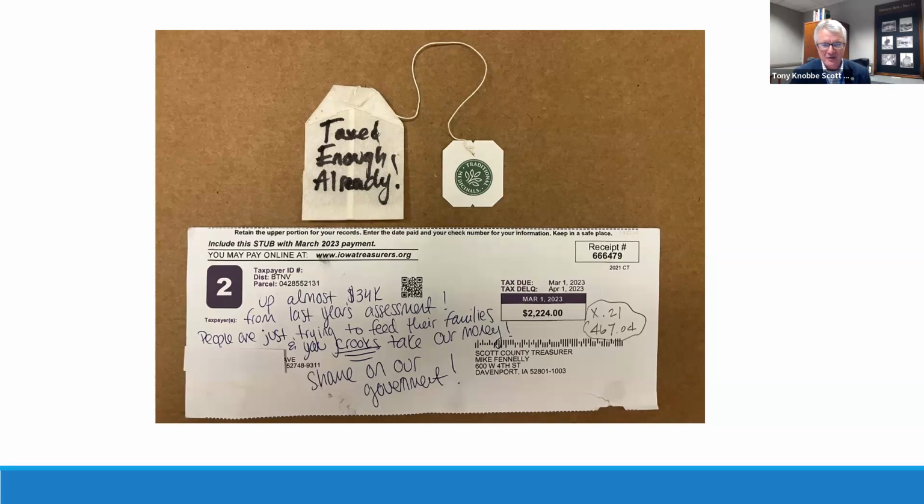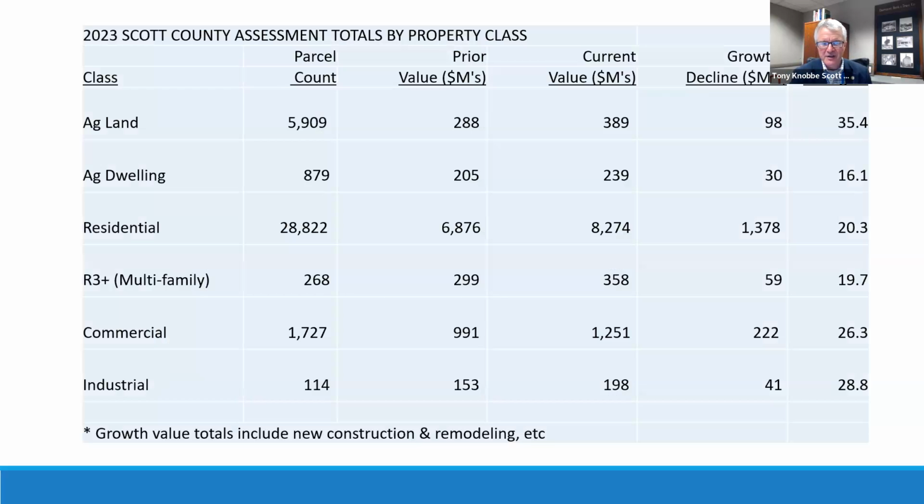So how much were values up in our area? Here's a snapshot of the different classifications, the major ones anyway. And off to the right, in the right-hand column, the percentage change in each of those categories. Note that this is a number that is net of additions and subtractions. So if 100 new homes were built in Scott County, well, those 100 new homes are part of that valuation change.